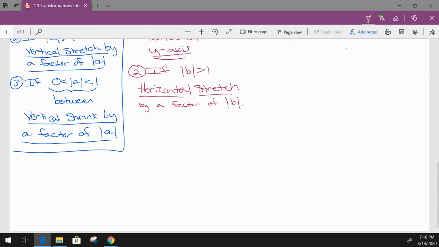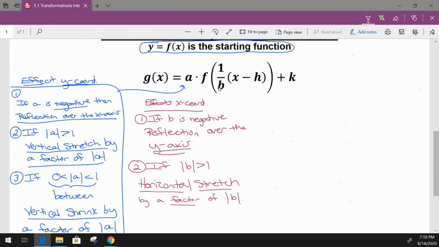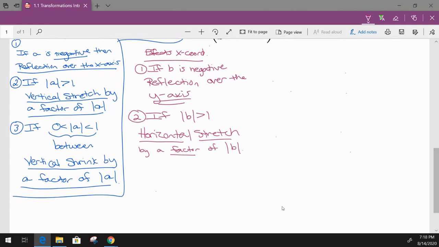We say factor because it's being multiplied, but notice in the equation, it's being multiplied by the reciprocal of B. So in the equation, the number here is going to be the reciprocal of B. So if you see a 1/2 here, the value of B is actually 2, not 1/2. That gets a little confusing, kind of like the H is going to be opposite here in a minute.